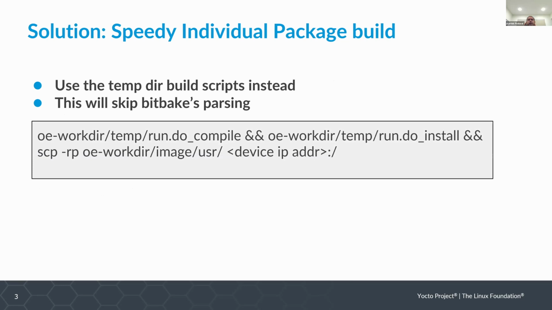If you run these, like with the add command, to compile and to install, followed by an SCP to transfer the package binaries or libraries into the device directly, this process takes very little time as opposed to running a big command. We found this very helpful. It does help improve productivity. We'd like to hear from the community at the end whether this is a good option or not.